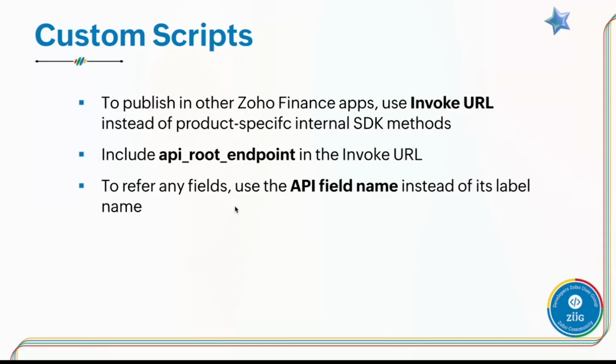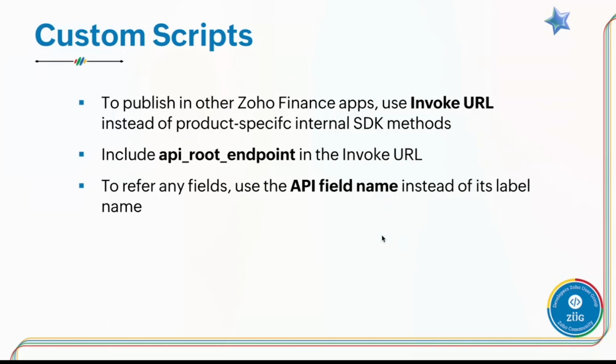Finally, while handling your extension's logic, if you want to refer to any of the custom fields or any default fields available in your Zoho Books product, you should be using the API field name of that particular field instead of the label name.